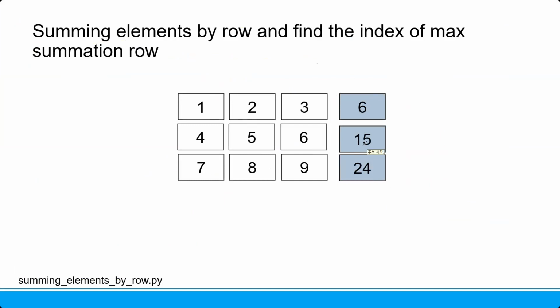Now, among those, which is the maximum summation row? This is index 0, this is index 1, this is index 2. We know the maximum is 24. So we will return index 2 because this is located at row index 2.